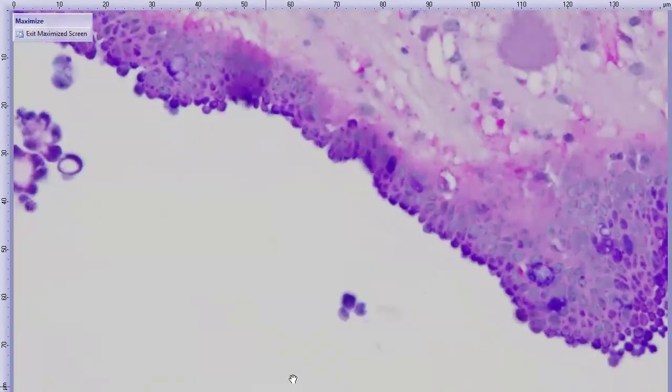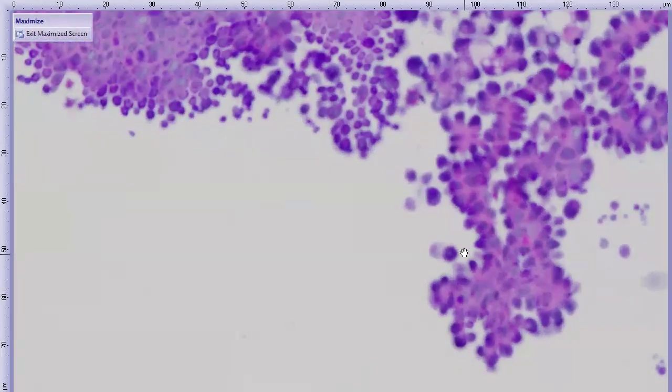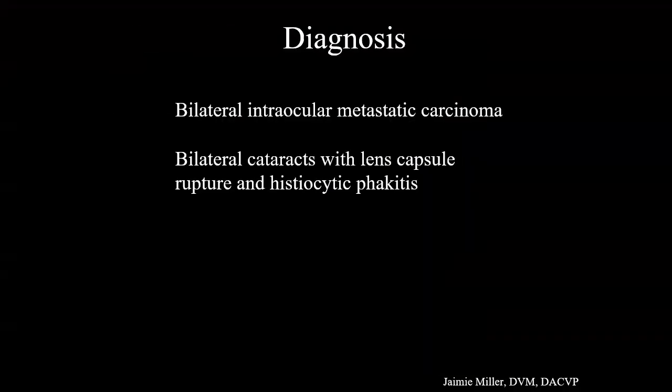So a nice little feature there. We've got kind of a spooky diagnosis: bilateral metastatic carcinoma in the eyes.